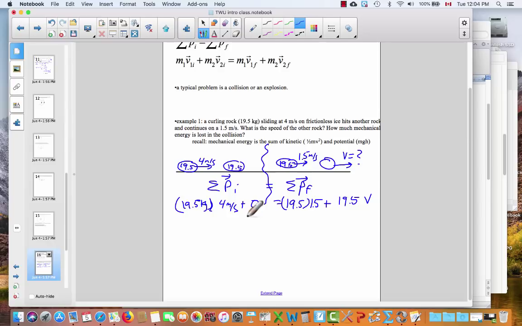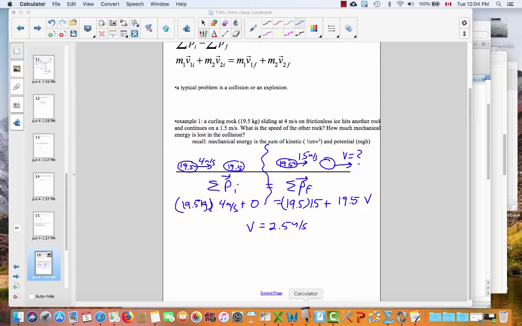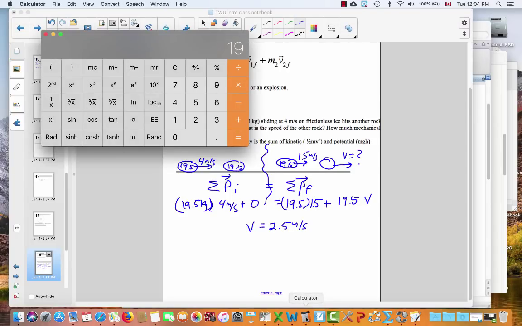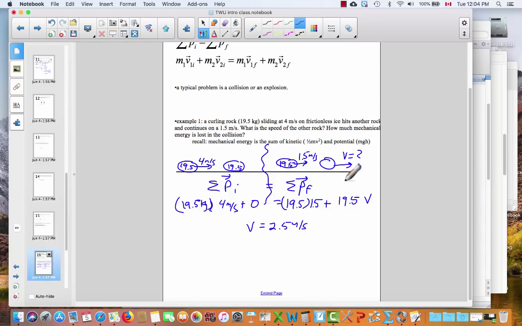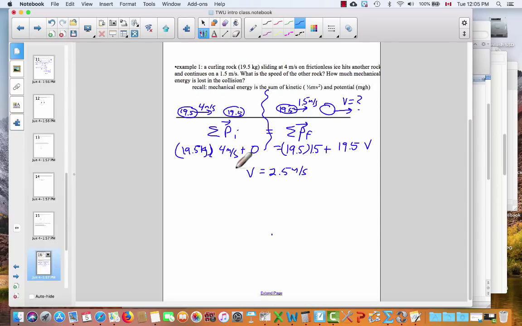Then you subtract 19.5 times 1.5, and then you divide by 19.5. The result is 2.5 meters per second. Let's just do that here. So 19.5 times 4 minus 19.5 times 1.5, and then we divide that by 19.5. So that's the final velocity of that second curling rock, the fine Canadian sport of curling.